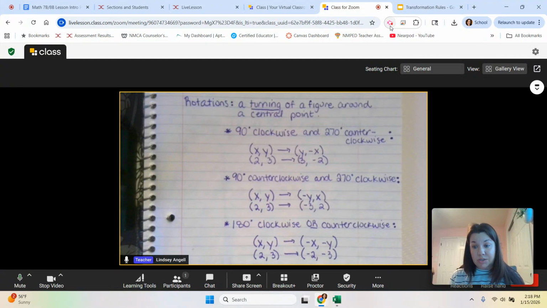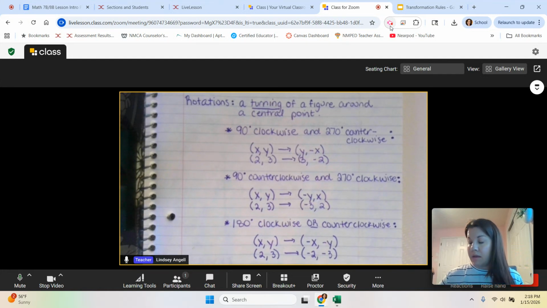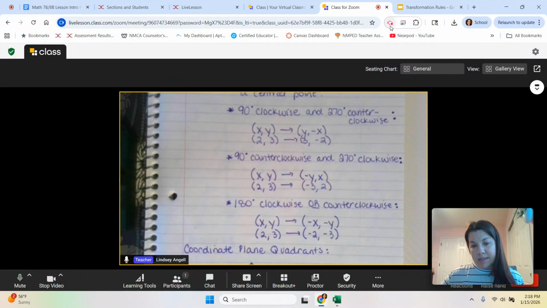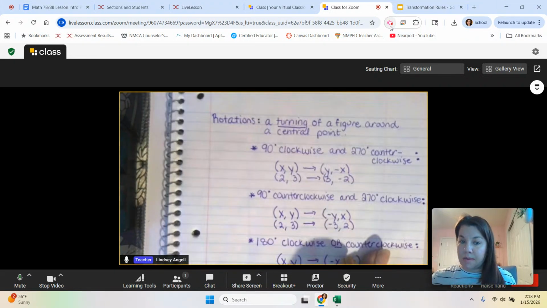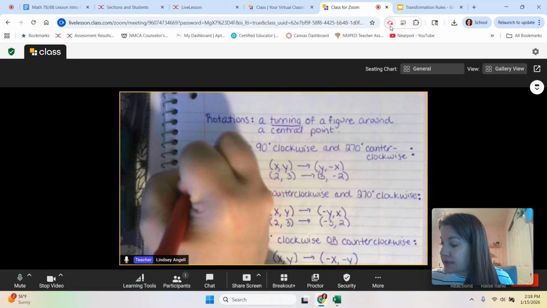I am going to do 2 examples of this, and hopefully that will help as well, okay? For 180-degree rotations, it doesn't matter which direction you go, clockwise or counterclockwise, the change is the same.